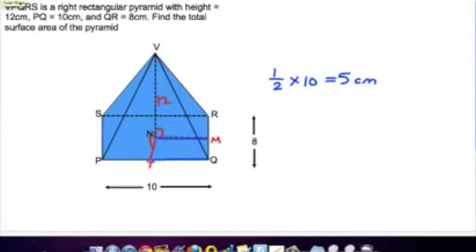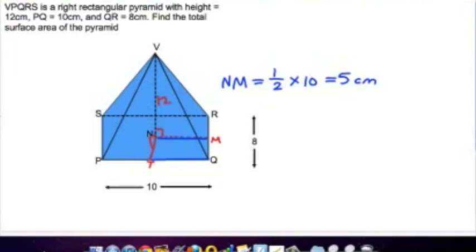So N to M equals 5 centimeters. Now if I look in the other direction, now that I have that, what I'm going to do is go ahead and find V to M.